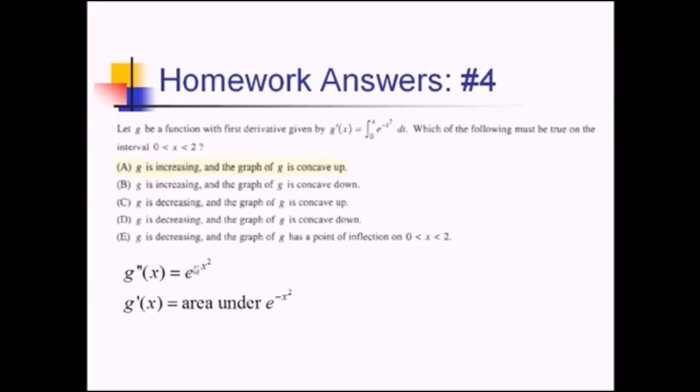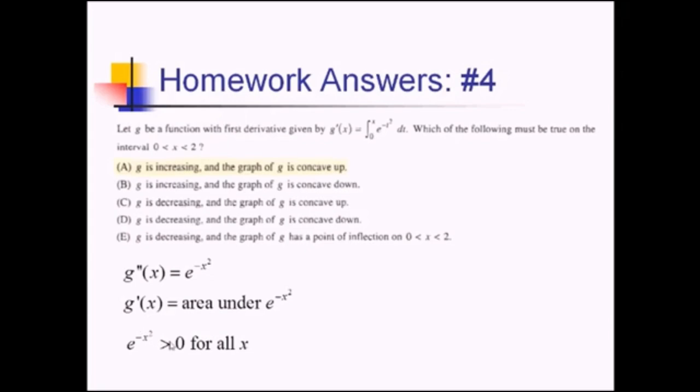Let's take a look at e to the negative x squared. Because if we can figure out what this is doing, talking about the area is going to be a little bit easier. E to the negative x squared is a decaying exponential function. That means we're starting above the x-axis and approaching but never quite getting to the x-axis, because you can never really zero this thing out. So this is always going to be a positive quantity for all x values.